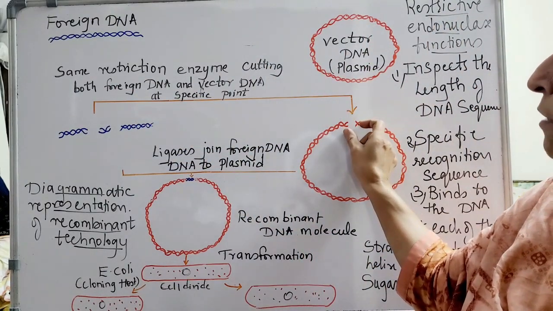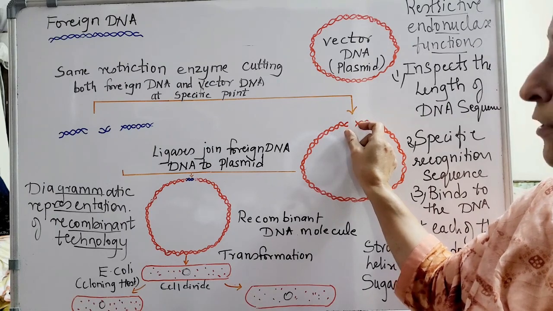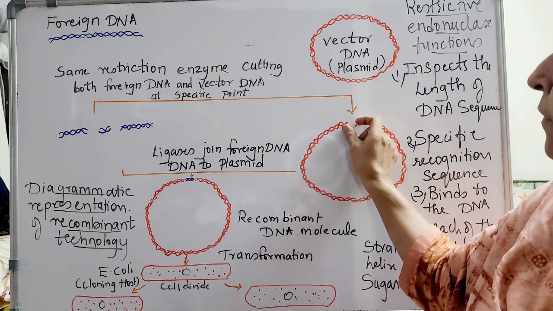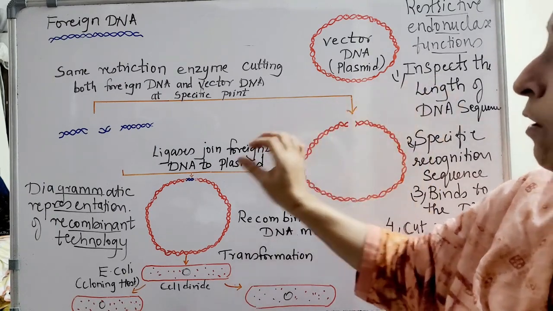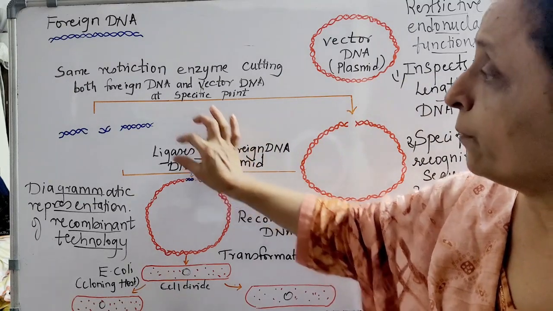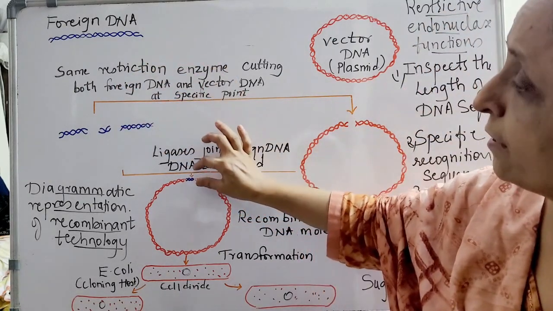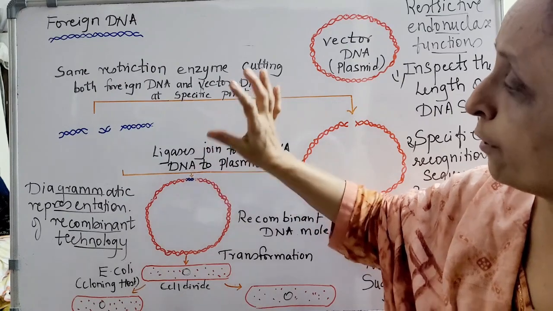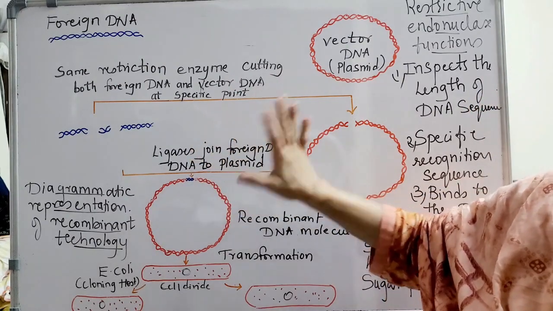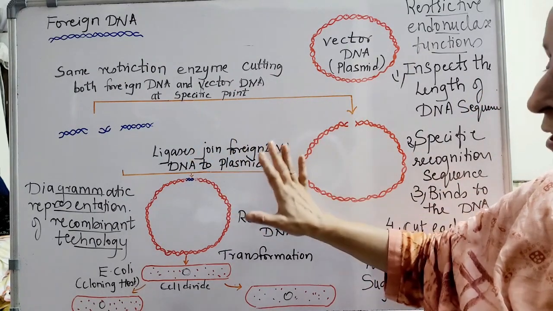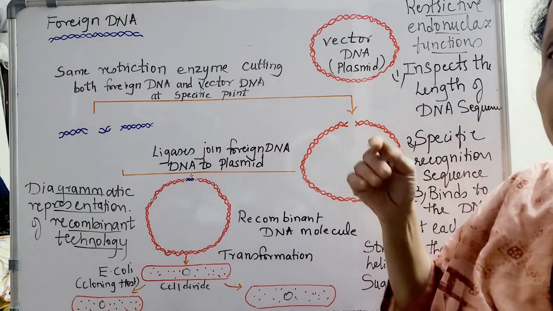When it cuts the plasmid, it removes some nucleotides and there is a space. This DNA is transferred into this space. Now this is a recombinant DNA, a new DNA which has to be multiplied.